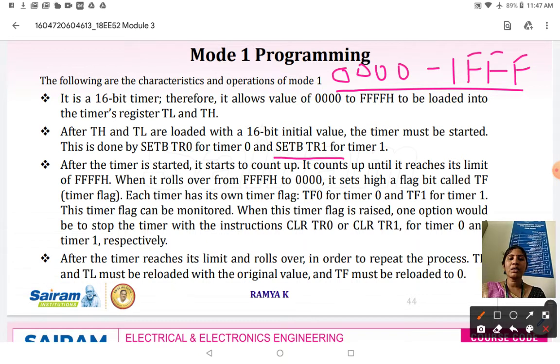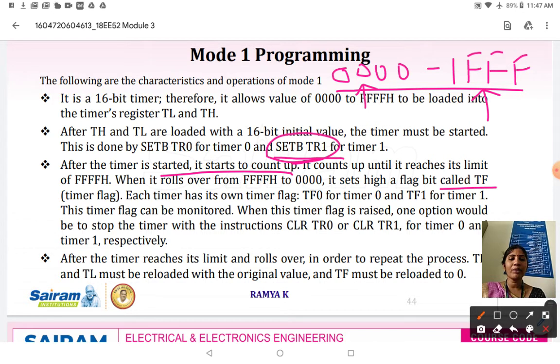Once the timer is started, it starts to count. Suppose you are giving a minimum count of 0000 and the maximum count is 1FFF; as soon as SETB TR is executed, it starts to count from 0000, 0001, and likewise it keeps counting. At that moment, the timer flag is checked every time.